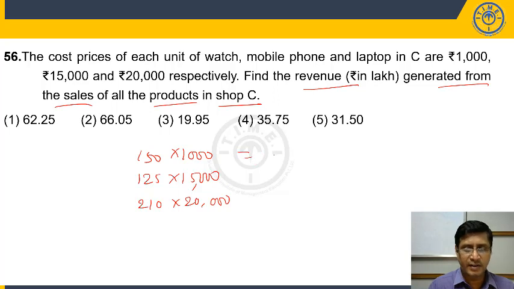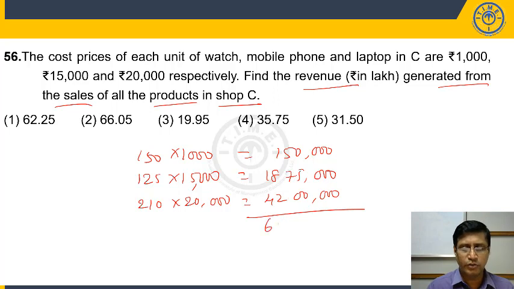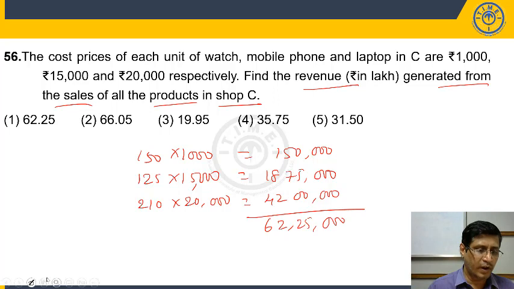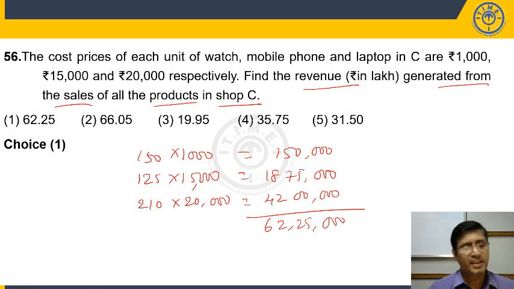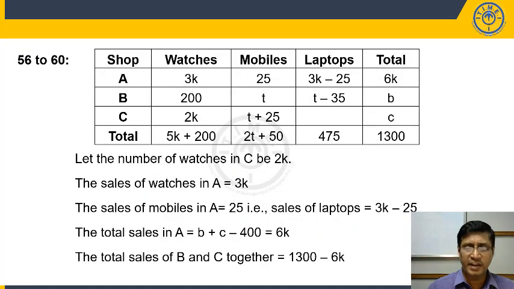So what is the result? 150,000, and here 1,875,000, whereas 4,200,000. The sum of all these values is equal to 6,225,000. So what is the right choice? Option number 1. The first choice is the right choice.